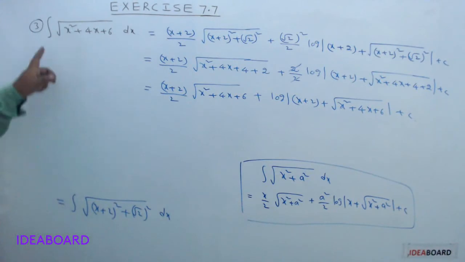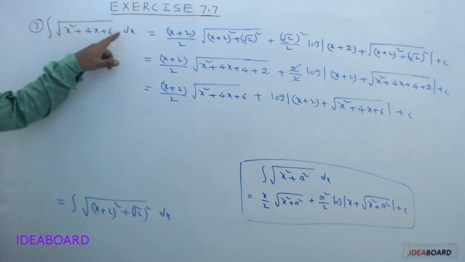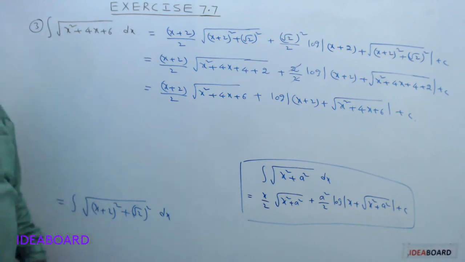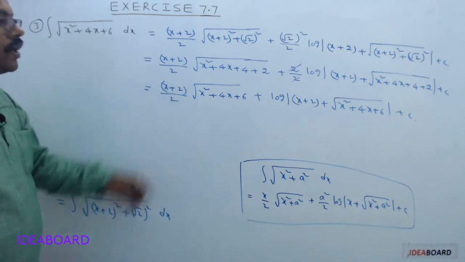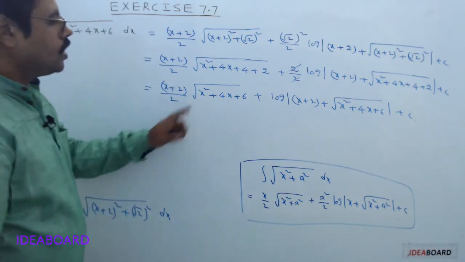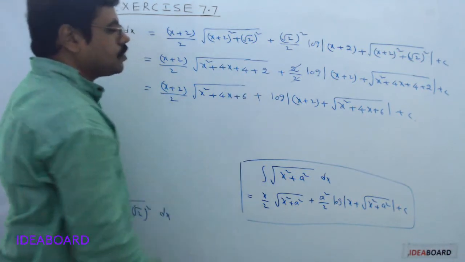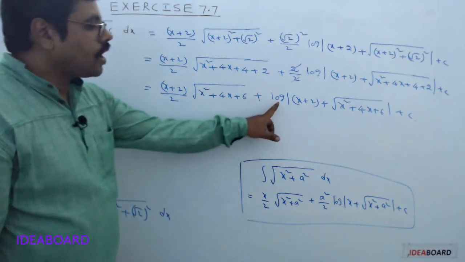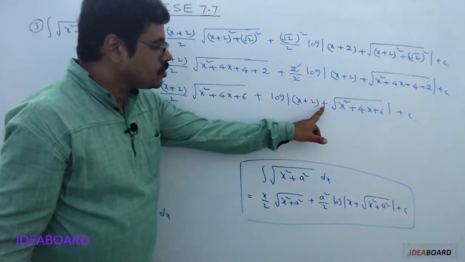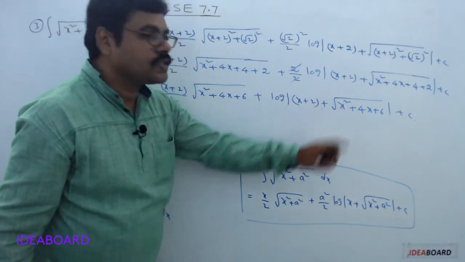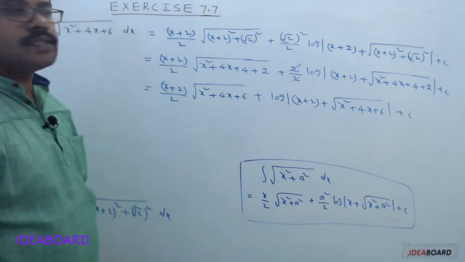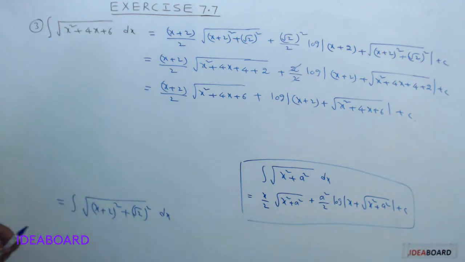So therefore integral square root of x square plus 4x plus 6 dx equals x plus 2 divided by 2 into square root of x square plus 4x plus 6 plus log mod of x plus 2 plus square root of x square plus 4x plus 6 plus a constant c.